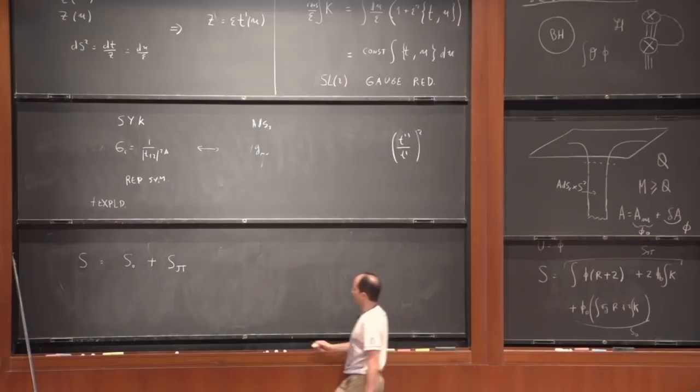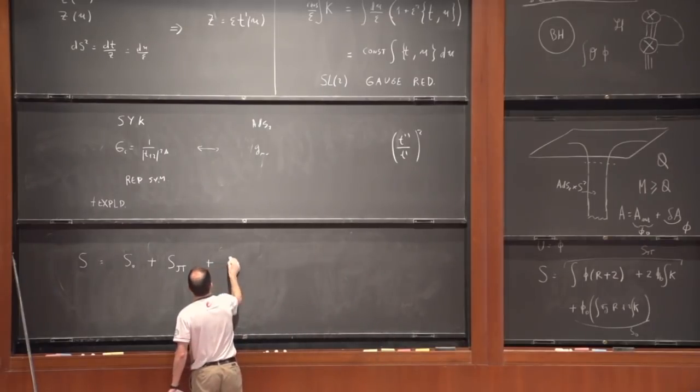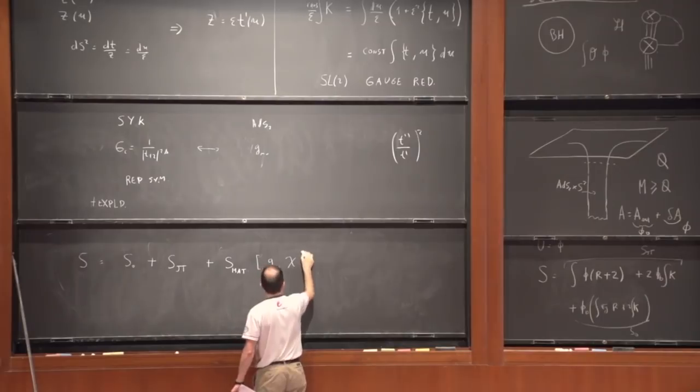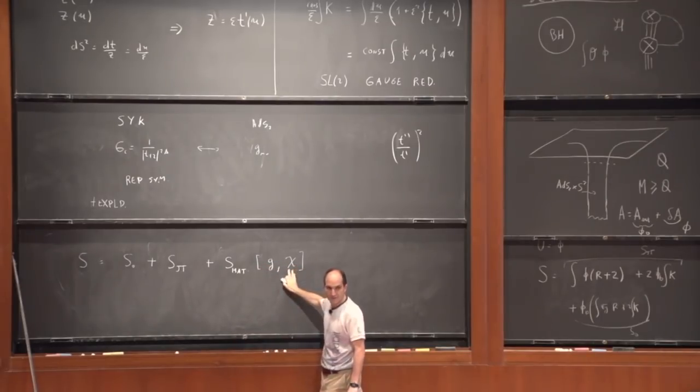And in addition, we have some matter terms, S matter, that will be describing some fields moving in the geometry. So chi are some other fields that this could be Kaluza-Klein modes, for example.